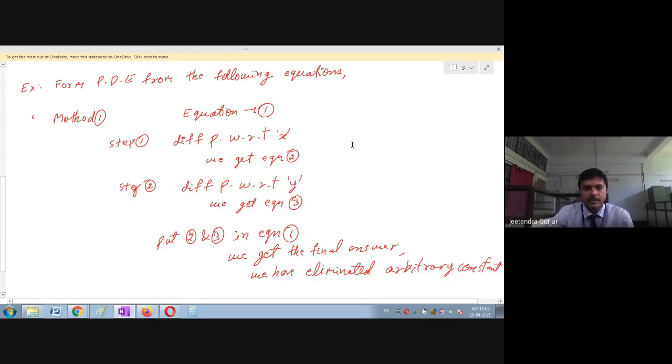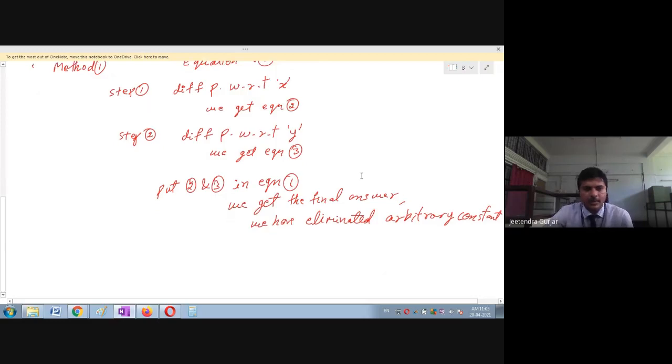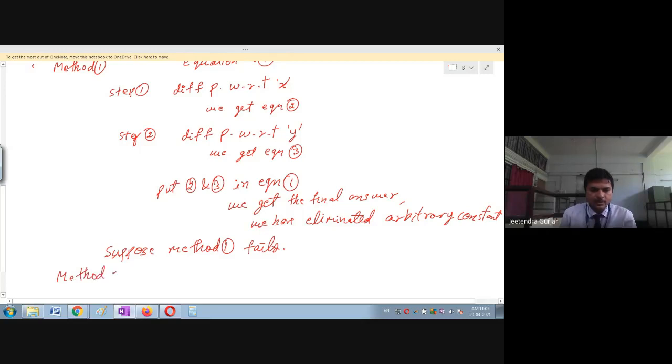Now suppose this method fails. In the next example you will definitely come across it: method 1 fails, so what are you going to do? Yes, there are some examples where method 1 will fail. That time you are going to go with the second method, method 2.